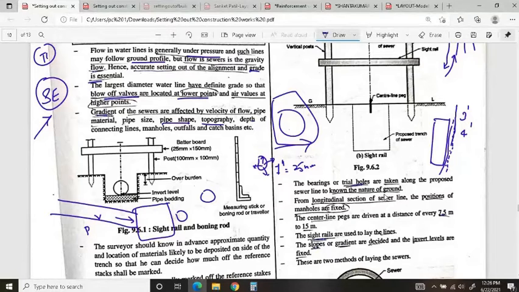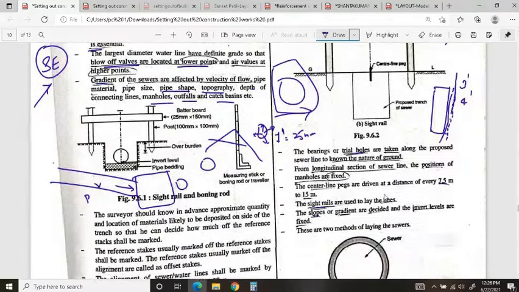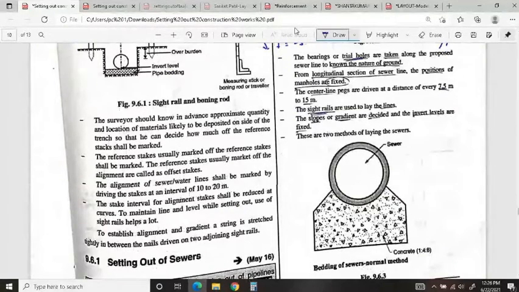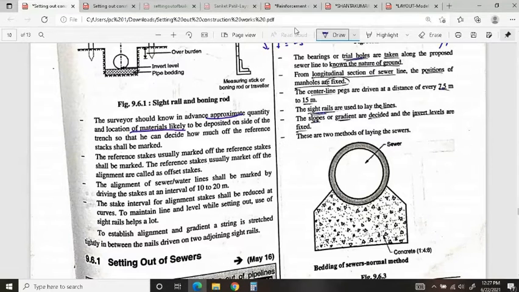Topography, that is whether it is a falling gradient or rising gradient. Depth of connecting lines, manholes, outfalls, and catch basins. The surveyor should know in advance the approximate quantity and the location of the material likely to be deposited on the side of the trench, so that he can decide how much of the reference stack shall be marked.